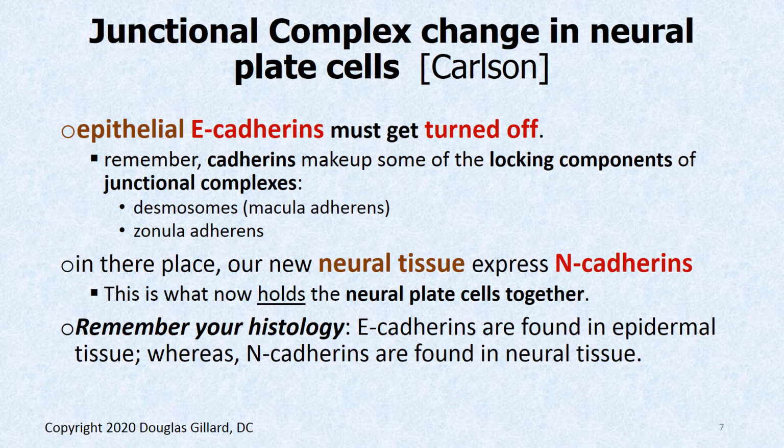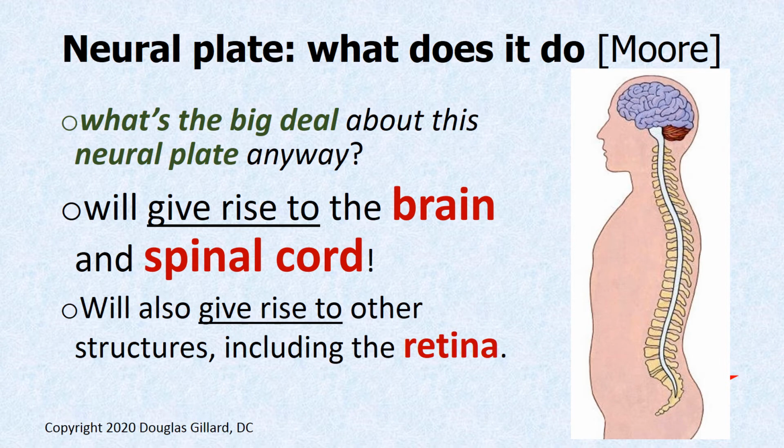Another name for macula adherens is desmosomes. So those are no good for neural tissue. So remember, Dr. Doe, I'm sure, taught you that N-cadherins are what are used for cells in the brain. And so those need to be converted to N-cadherins. All right, we'll leave it at that.